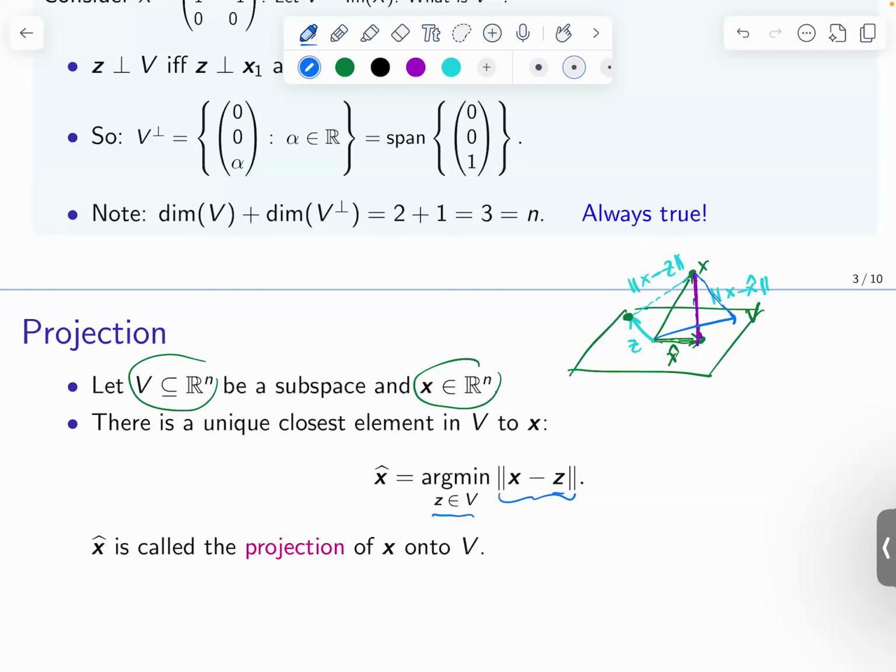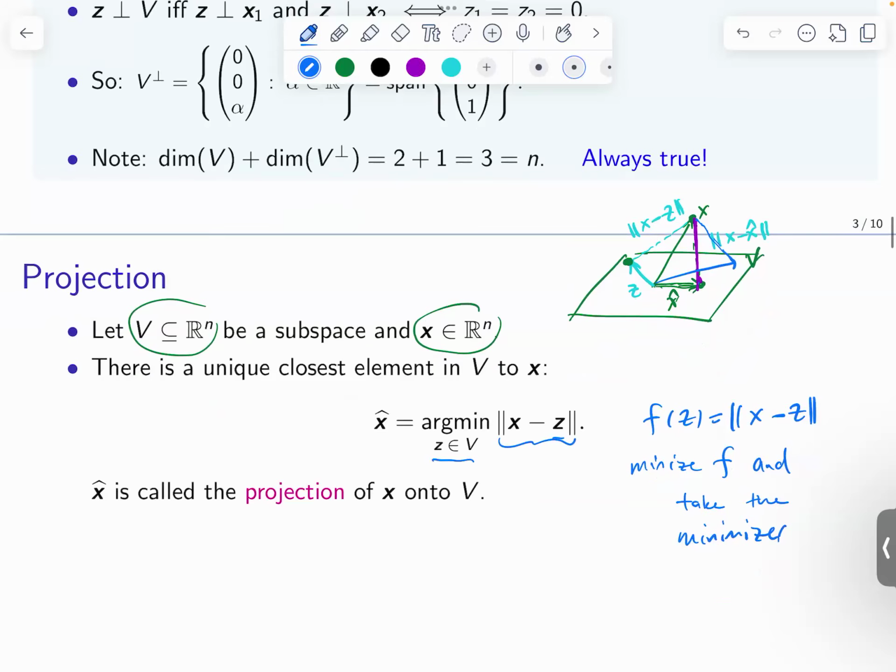So argmin means minimize the function. We have a function, so fix X, and we have a function of Z. So you minimize this over Z, and the argument that minimizes is called the argmin. Okay. So minimize F and take the minimizer.